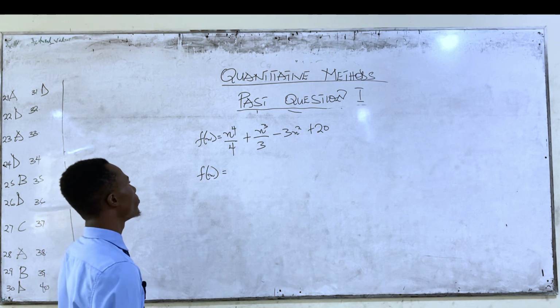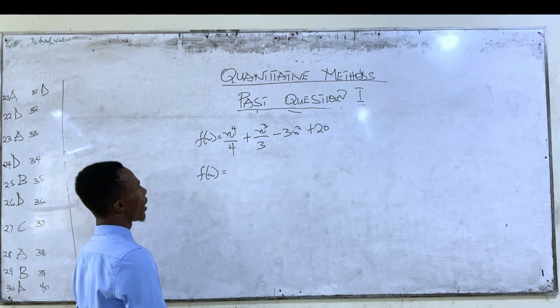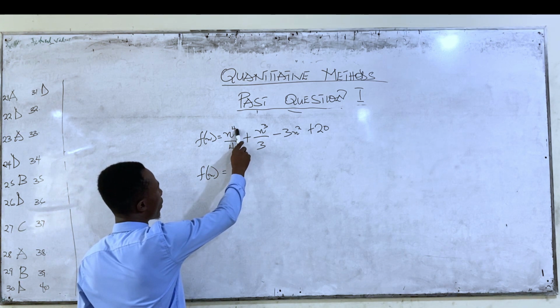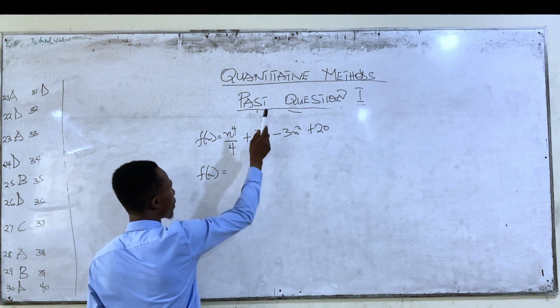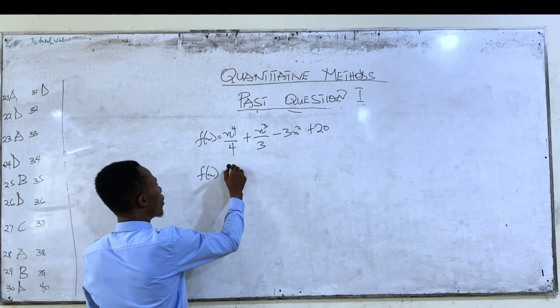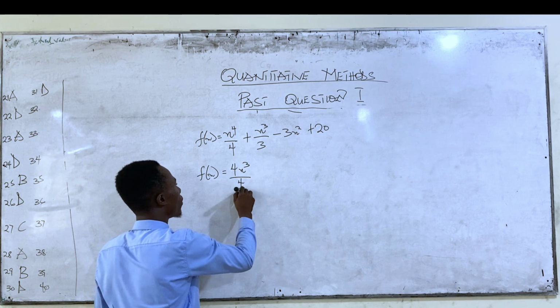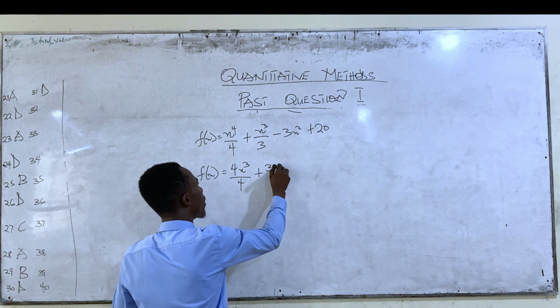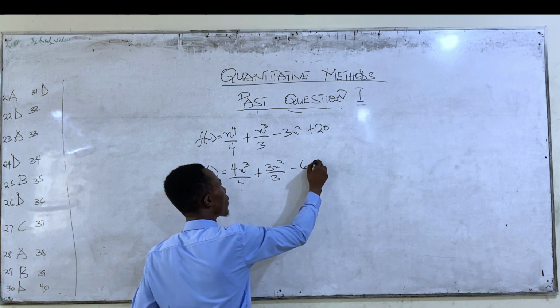Okay, so to differentiate it, we can say we have 4x exponent 3 over 4, plus 3x exponent 2 over 3 minus 6x.